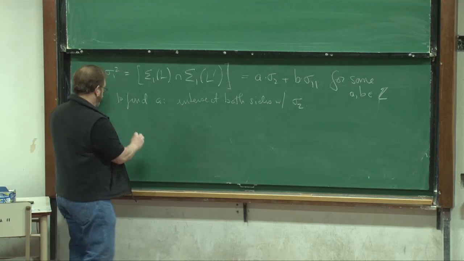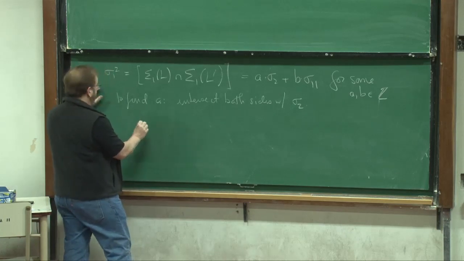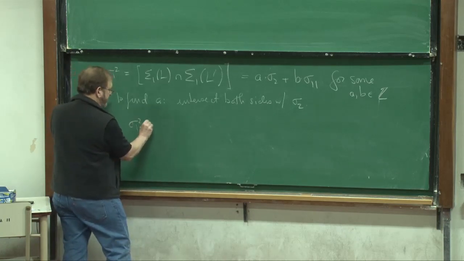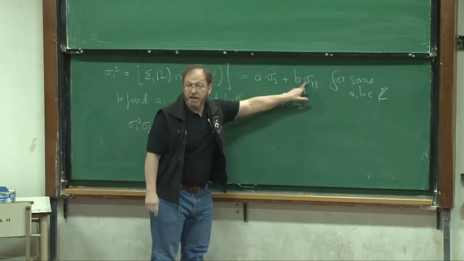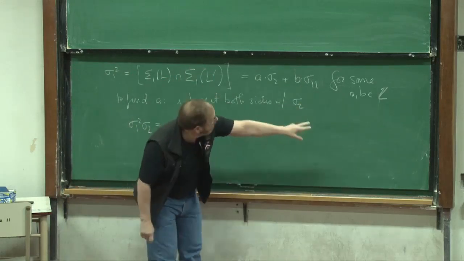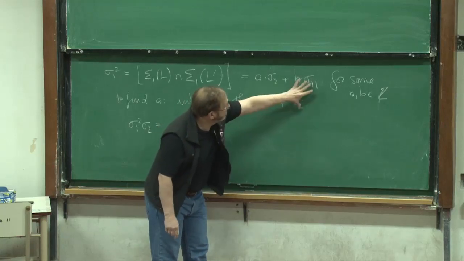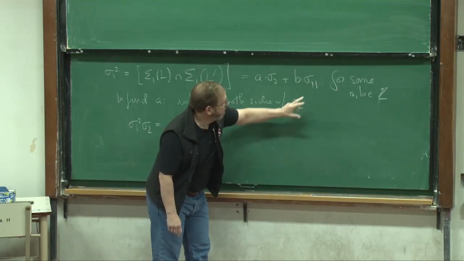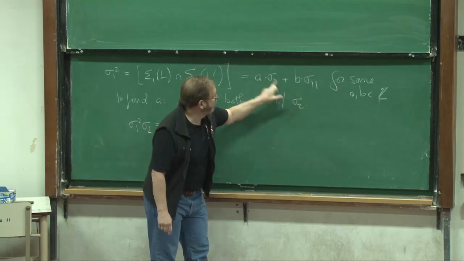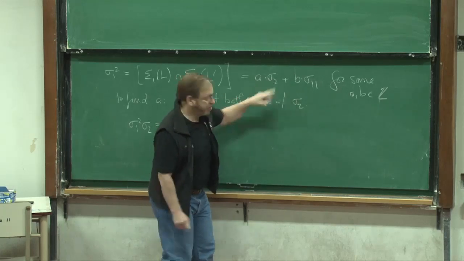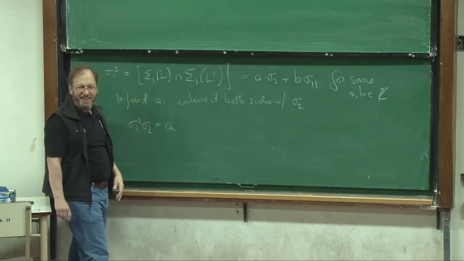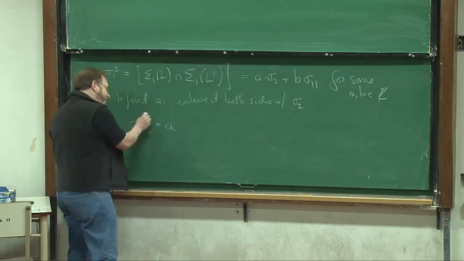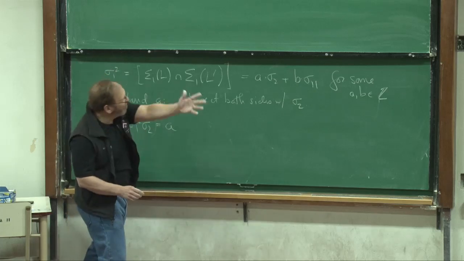So what do we see? What we see is that sigma 1 squared times sigma 2, well, we know how to intersect the right-hand side with sigma 2. As we said over there, sigma 2 dot sigma 1,1 is 0. That term goes away, and sigma 2 squared is just 1. So this is just A. Now, how do we evaluate this? Well, we draw the picture again.